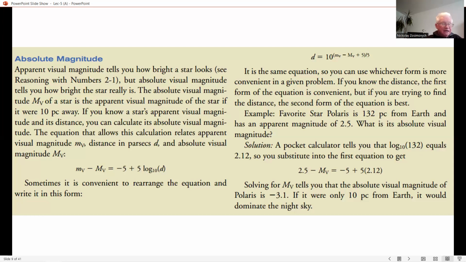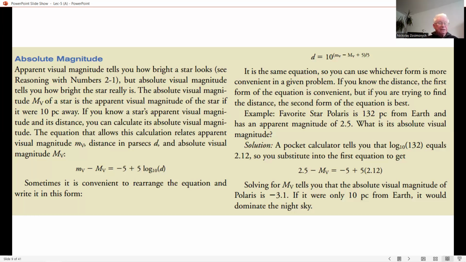Let's look at this slide, please. How does the sun stack up against other stars? Astronomers can find the sun's absolute visual magnitude because they know the distance to the sun and can measure its apparent visual magnitude.